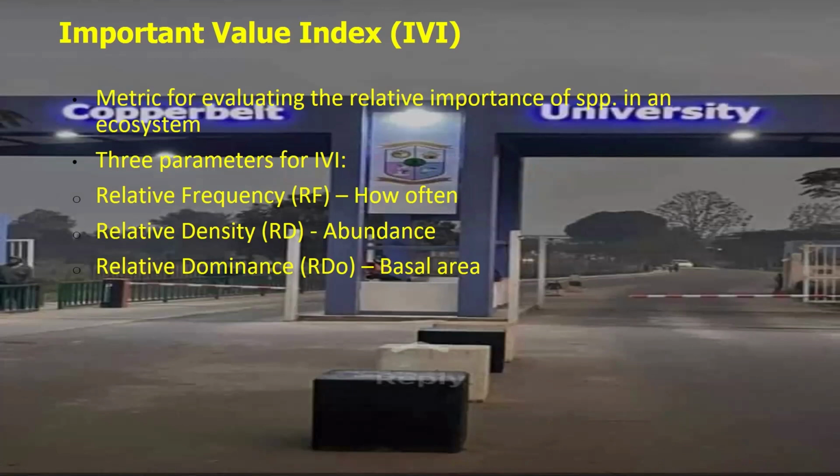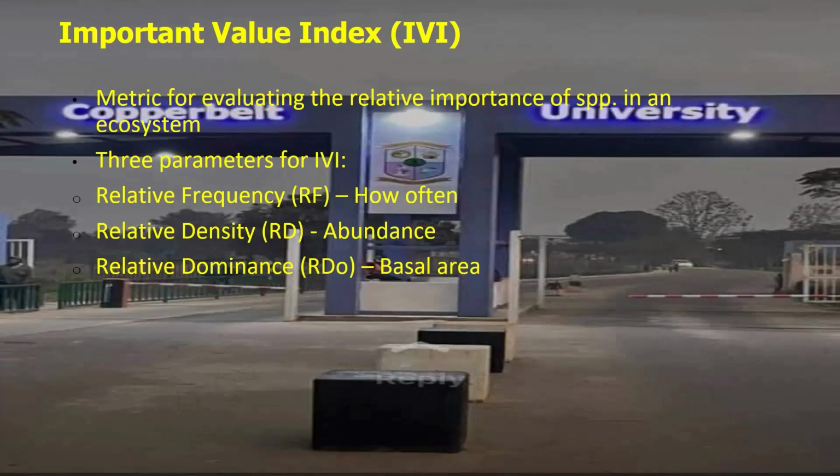And how do we know which of the species is relatively more important than the others, and which one is the least important? It's important to know this as the course unfolds. We'll see why it's really critical that we know which species is important.